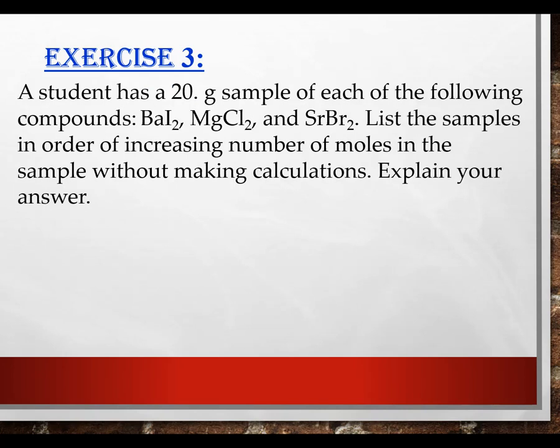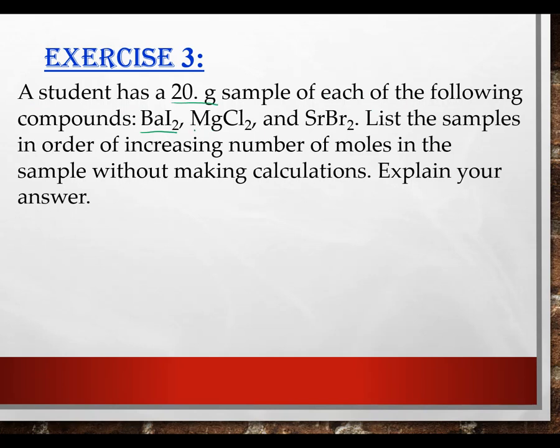Now we're looking at exercise 3, a different type of problem. This is going to involve looking at other things with regards to moles and molar mass and conversions. And let's go ahead and read through the scenario, underline important information. That's the best strategy to start with. A student has a 20-gram sample of each of the following compounds.